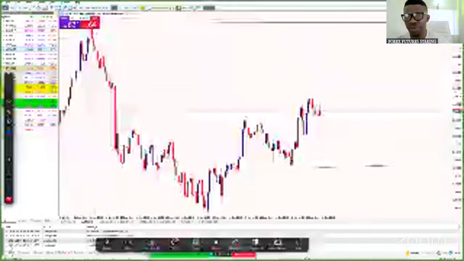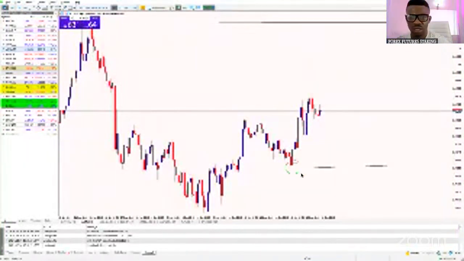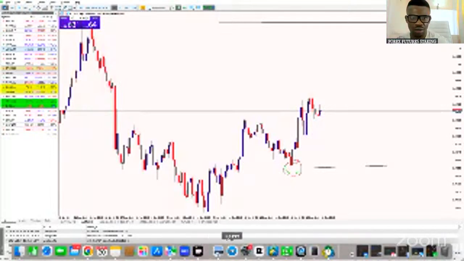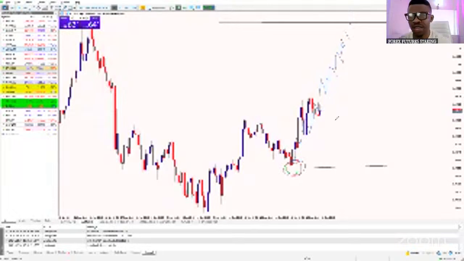If price started from here, we expect that the price, let me use blue, will go all the way to here. And we have also seen that before it did this movement, it actually started from here.